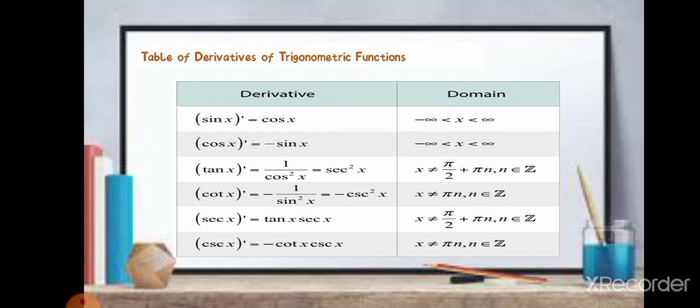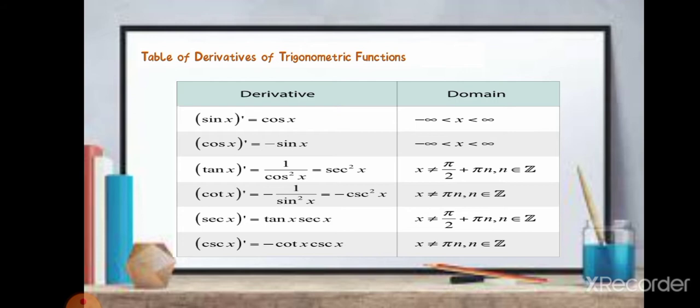Cosine x has a derivative of negative sine x and has a domain of x less than positive infinity but greater than negative infinity.